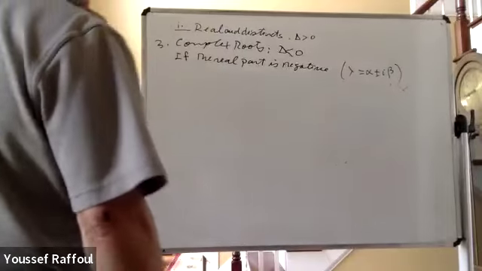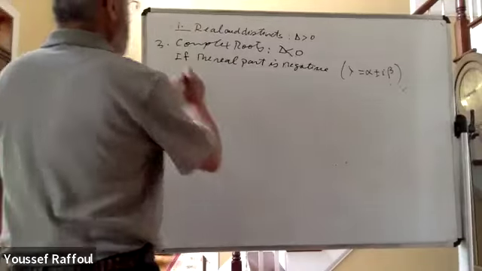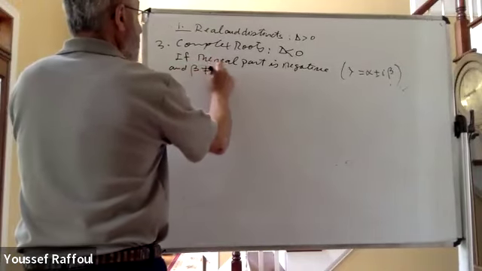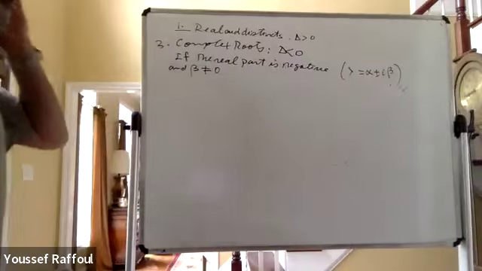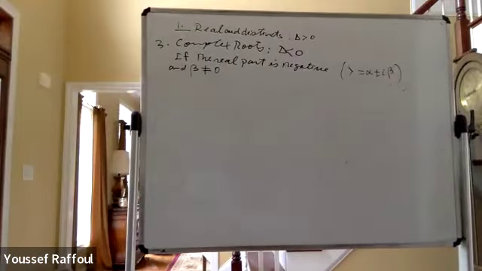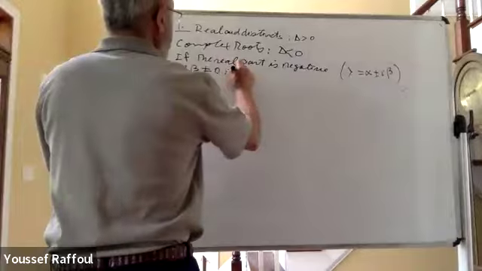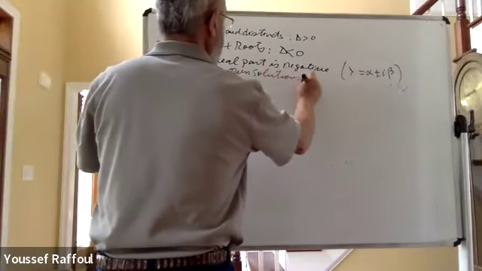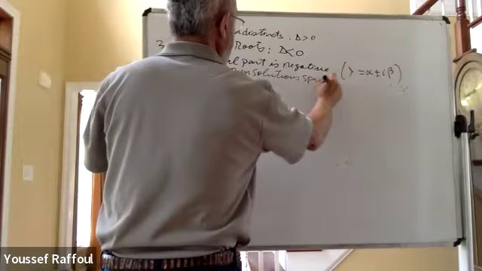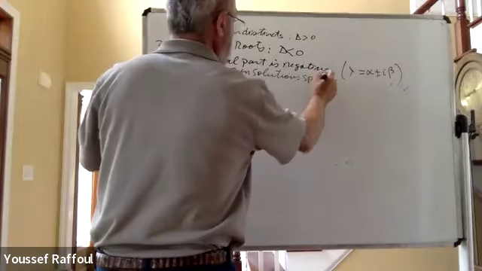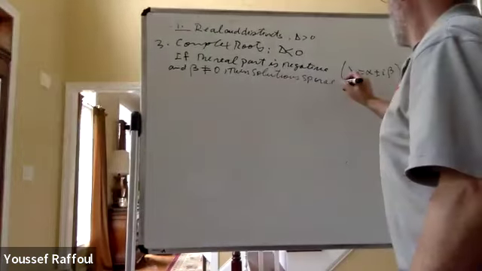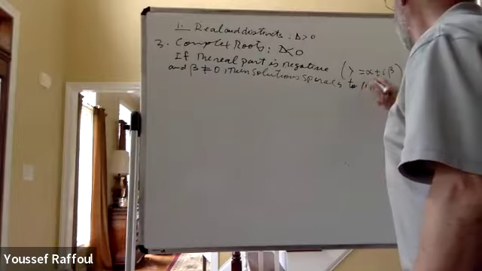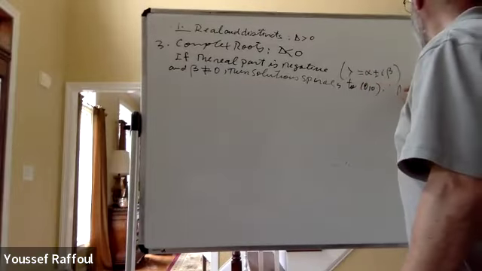If the real part is negative and beta is not 0, then solutions spiral to 0, 0. So here, asymptotically stable.